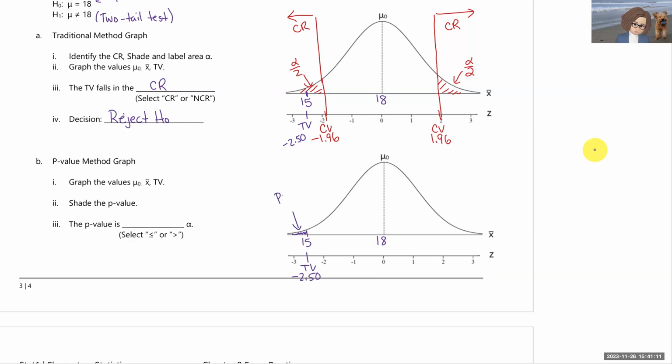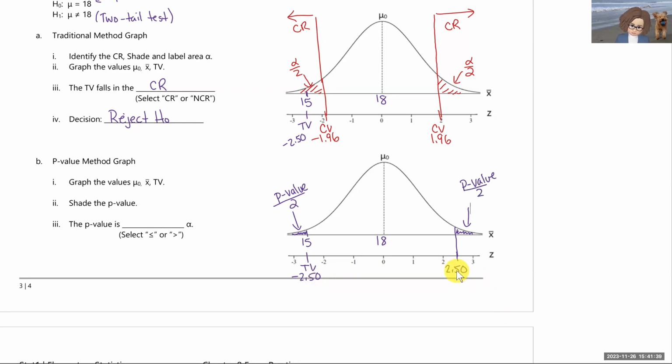So just like alpha is split in half for a two-tail test, half of the p-value will be on the left in this case, and then the rest of it using symmetry, if that's negative 2.50, if we come over here to 2.50, the rest of the p-value is there. So this is the other half of your p-value.